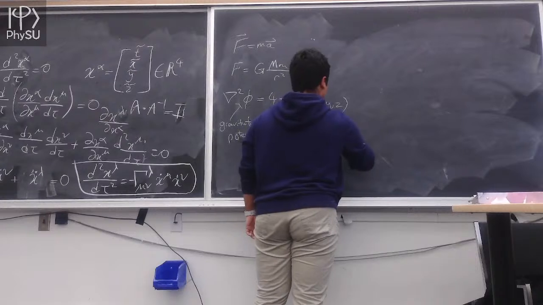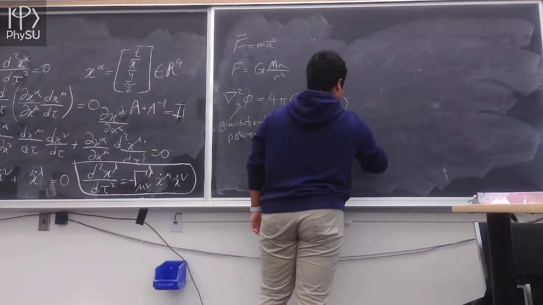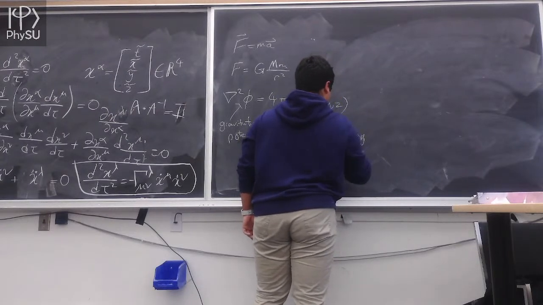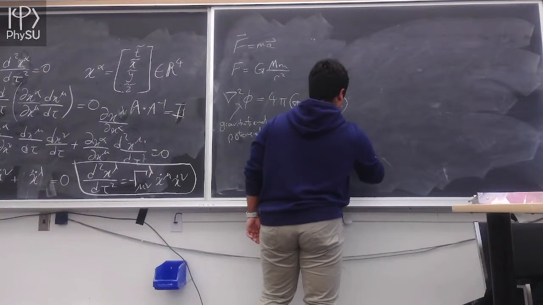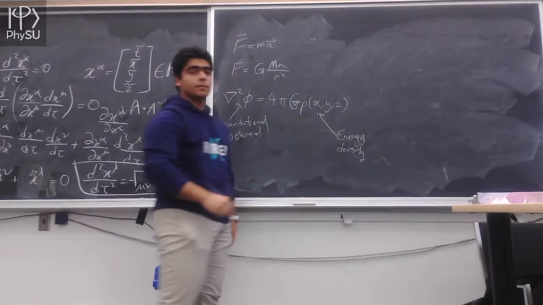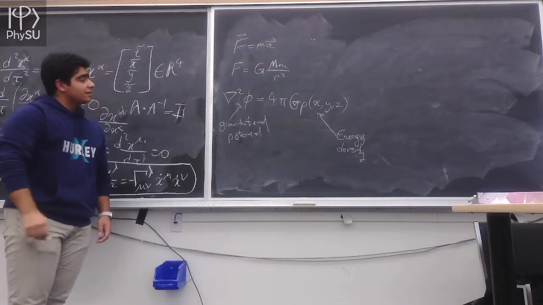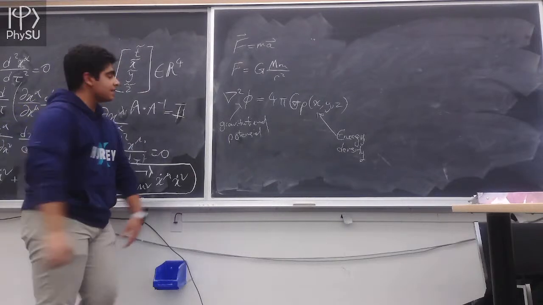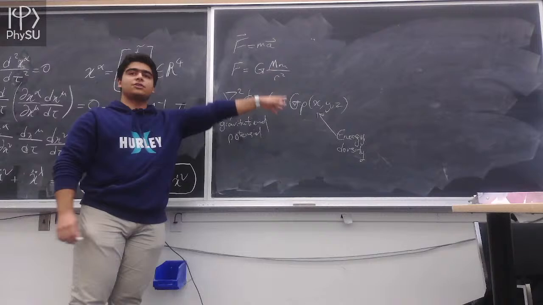And this is energy density. Okay? So this equation basically says the gravitational potential and energy density are related.